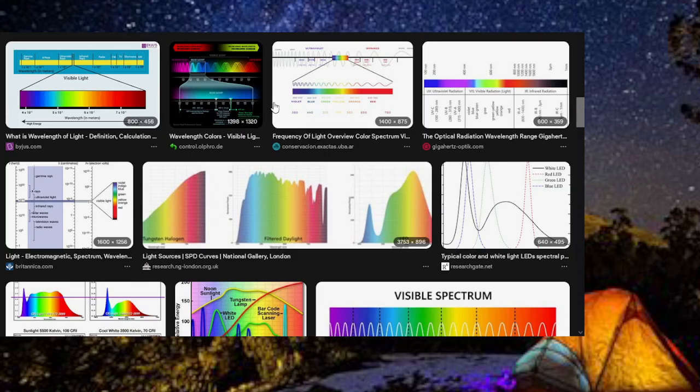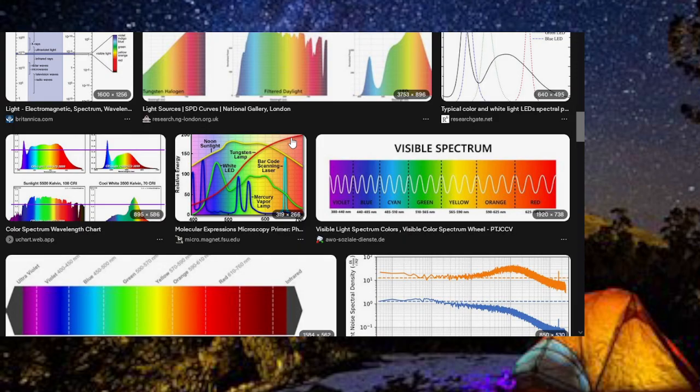I mean, just relative energy, noon sunlight, tungsten lamp, molecular expressions.